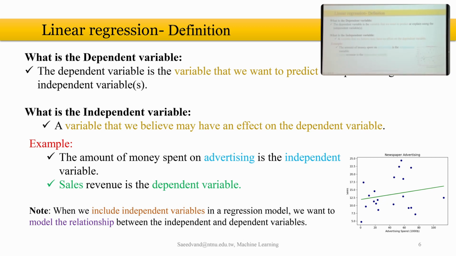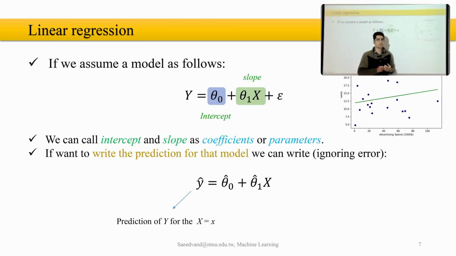On the other hand, sale revenue is the dependent variable, so the dependent variable is the sale as output. So did we make a mistake, or did we talk correctly? Okay, so is it clear? Any question?